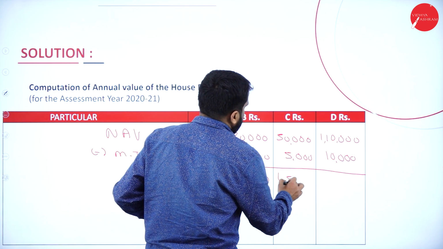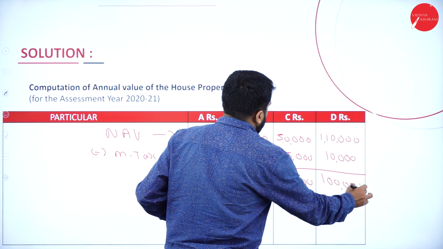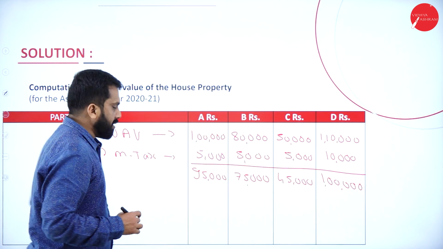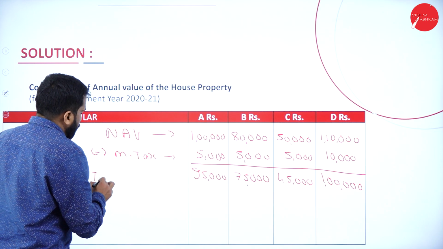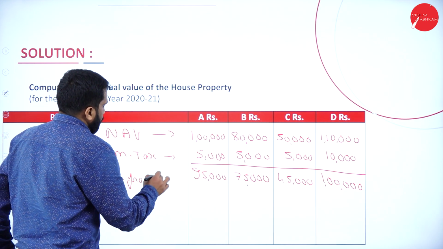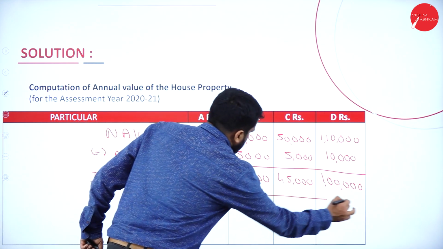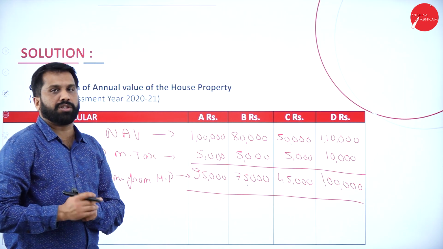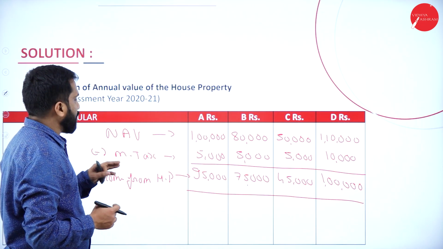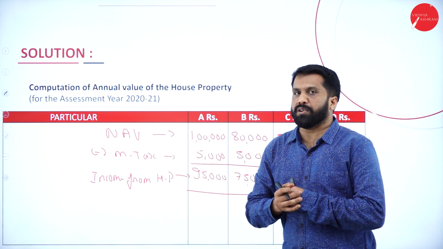It is 45,000, and this one is 1 lakh. So what is this? Income from house property. Hope you are clear. So this is all your calculation. Hope you understood, I think. So this is all about calculation of income from house property.